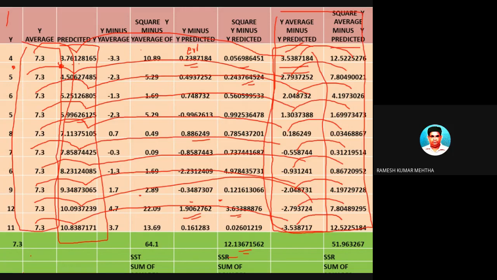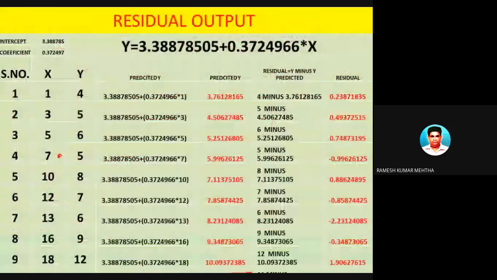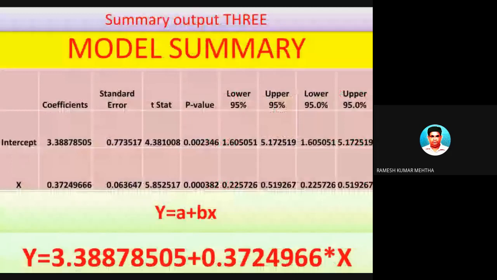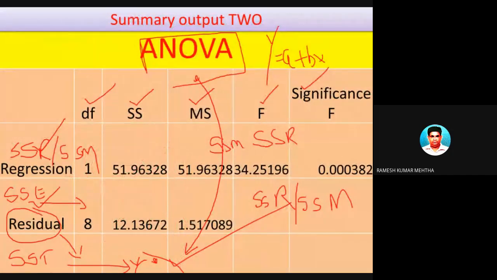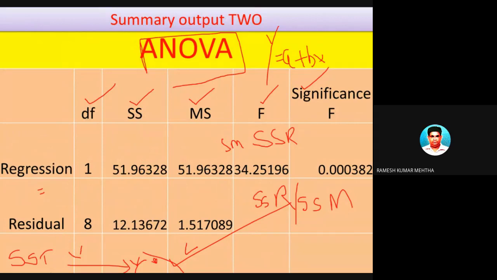And you sum all these figures, you will get 51.963267. So just remember 51.963. Let's see whether I got it in the ANOVA table or not. So the ANOVA table is showing, yes, 51.963 precisely.